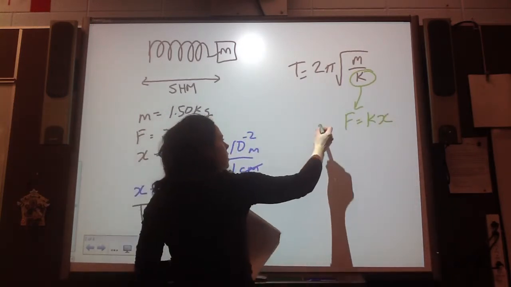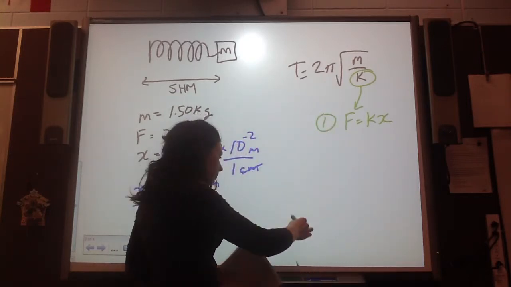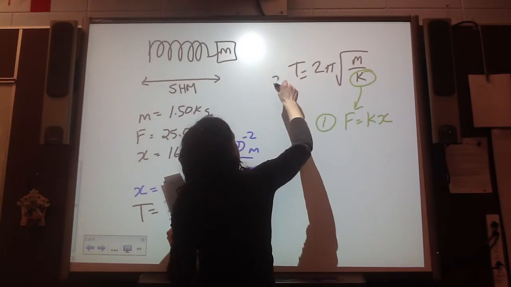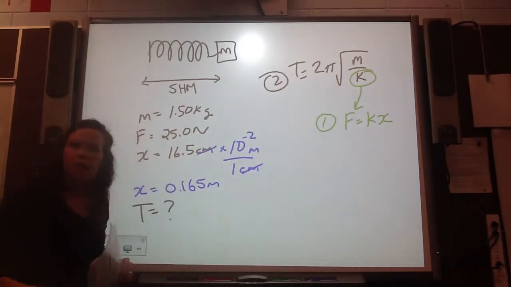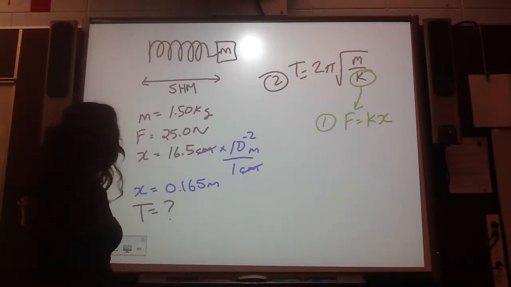So this is the first calculation I'm going to make, and then this is the second calculation I'm going to make. Sometimes that's nice if you just kind of set up a roadmap for how you're going to approach the question when there's those multiple steps involved.